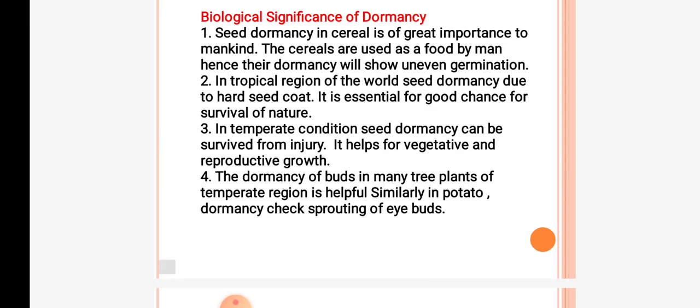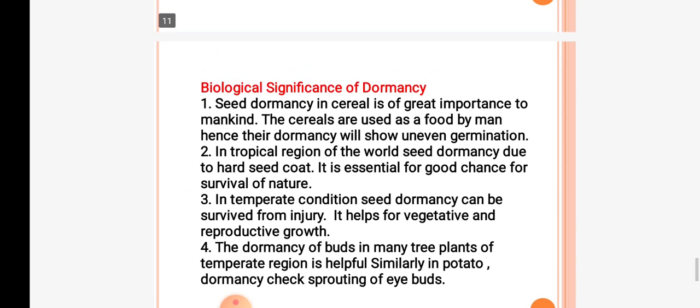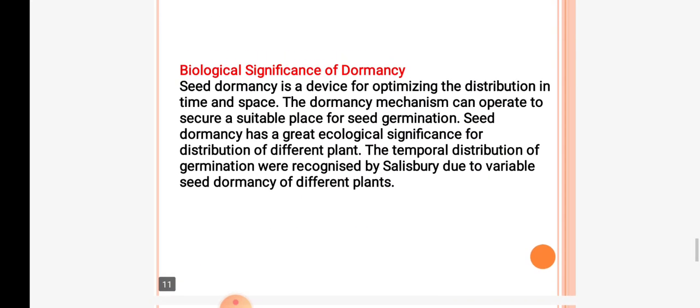In this chapter, seed dormancy and germination, we have studied about the biological significance of dormancy.